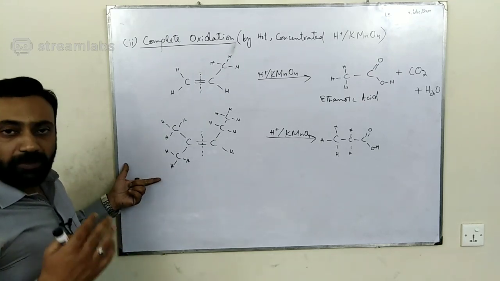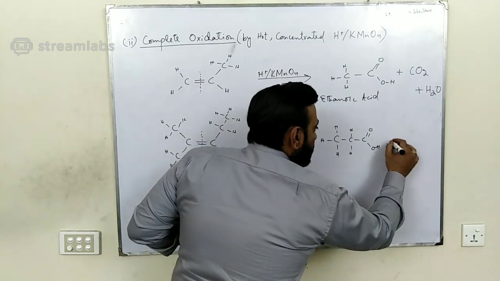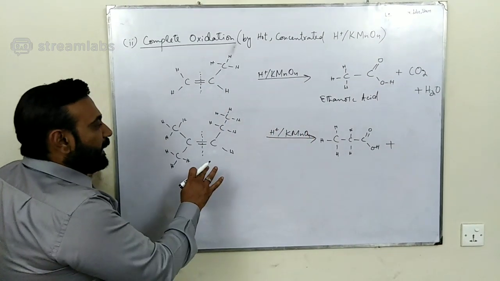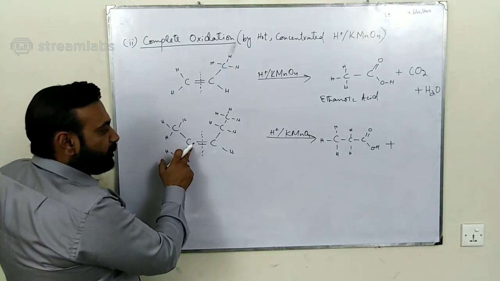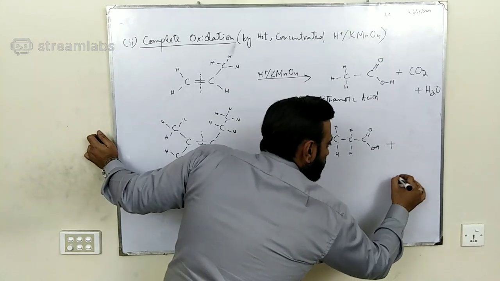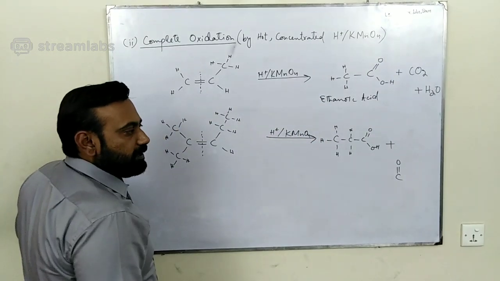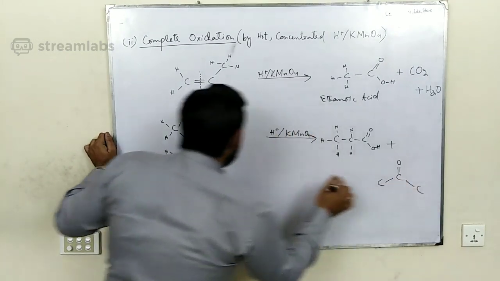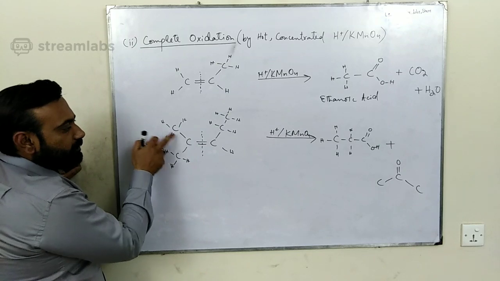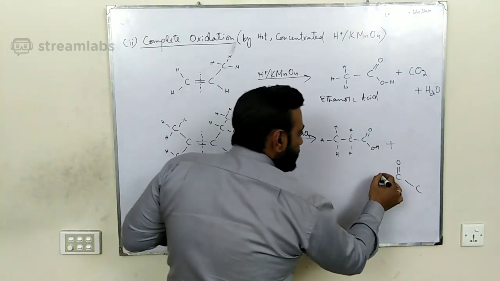Whenever there is a scenario of this kind, a ketone is produced as the product of complete oxidation. So again, we don't have to change the rest of the molecule, we just have to change the functional group. This functional group would be changed, and this carbon atom would now be bonded with oxygen. It would form a double bond with oxygen, and there was already one carbon atom at one side of this carbon and one carbon atom at the other side of this carbon, so that would remain the same.